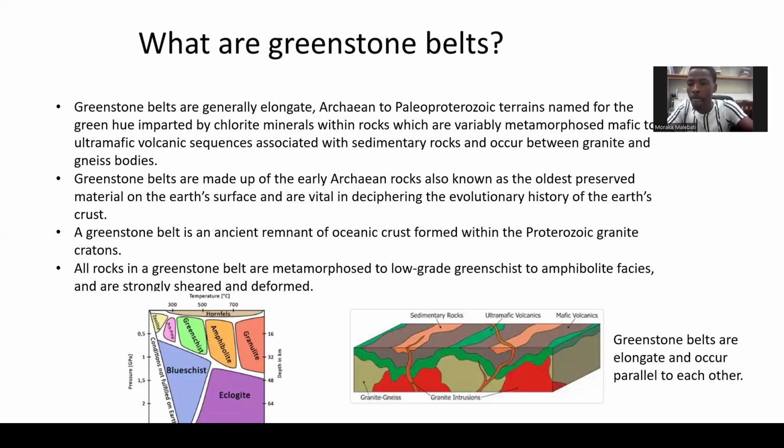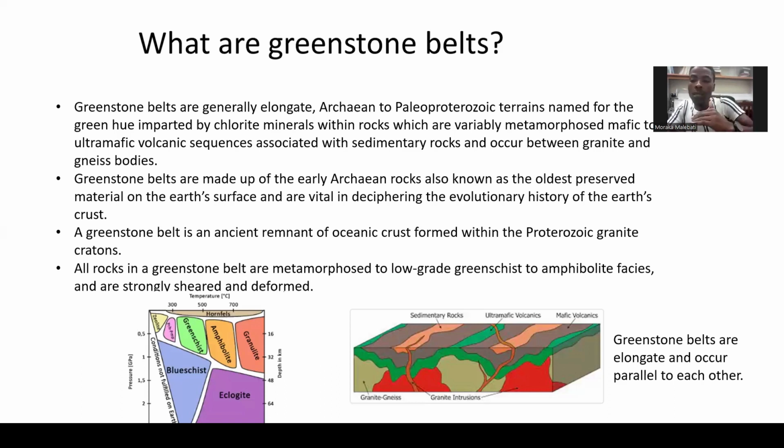And obviously they are green colored because of the green mineral called chlorite. Then these rocks are variably metamorphosed mafic to ultramafic volcanic sequences. Why are they metamorphosed? Because these are the oldest rocks, of Archaean age.